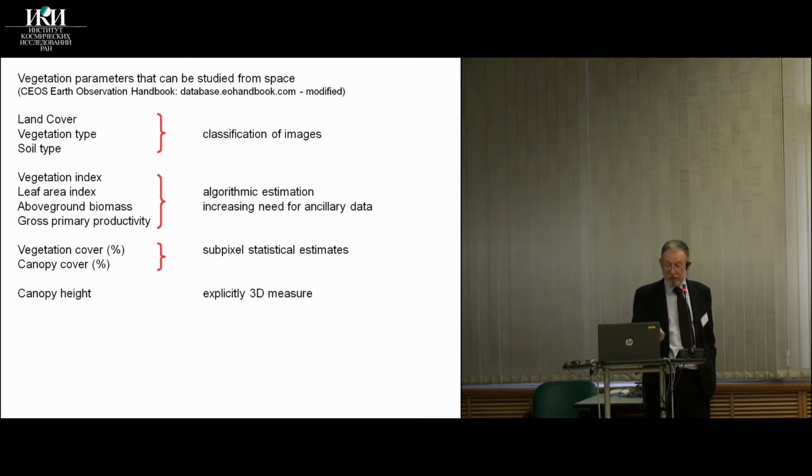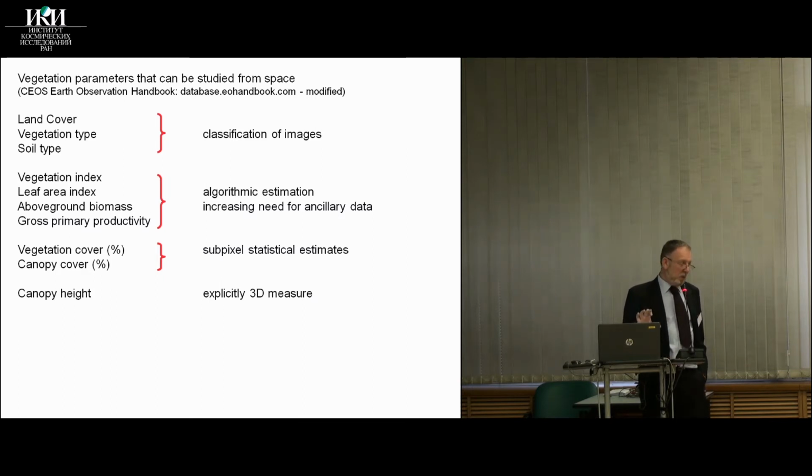These are from algorithmic estimation, needing not just the images, but ancillary data of one kind or another. We have vegetation cover and canopy cover, which are sub-pixel statistical estimates of vegetation amount. And we have canopy height, so the first explicitly three-dimensional measure that we can potentially extract from remote sensing data.